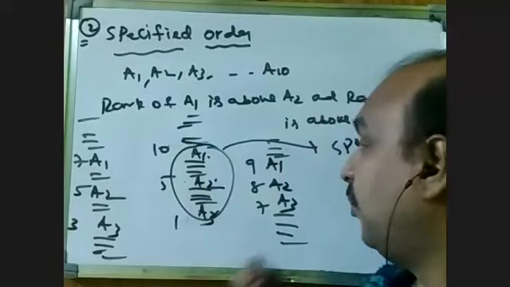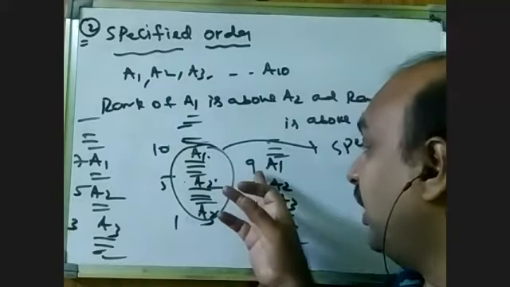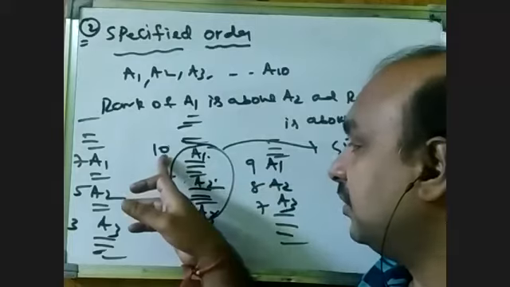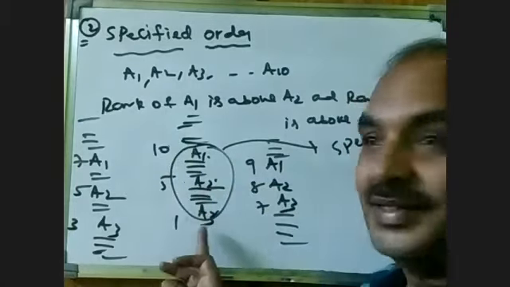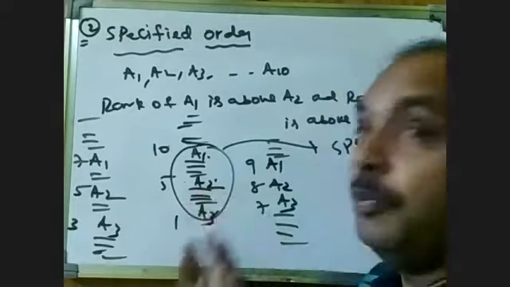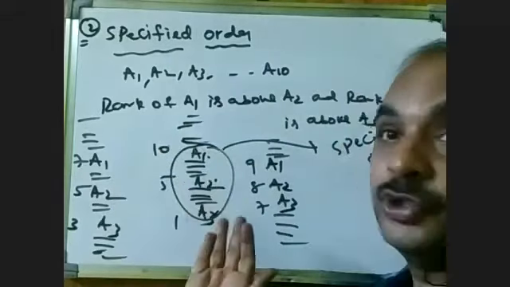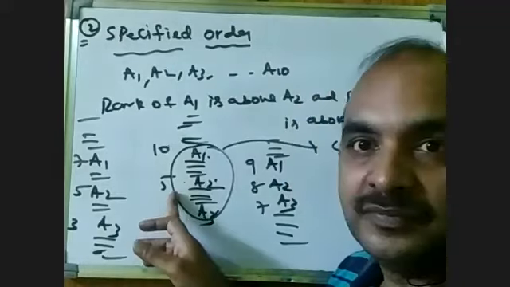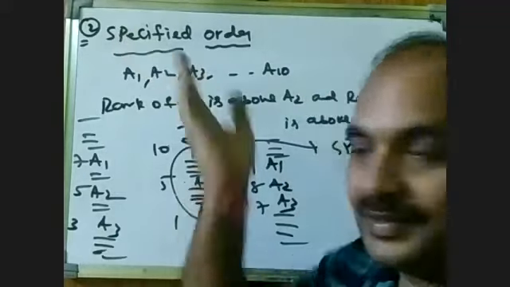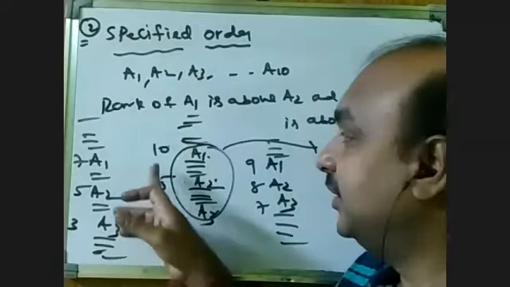You see, this is 10th, this is 5, this is 1, but it should not be reversed. A2 should be above A3 only, and A1 should be above A2 only. After 1 you got 5, and slowly you are increasing the rank, so 1, 5, 10.